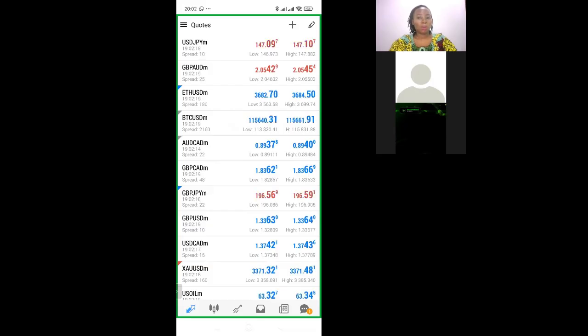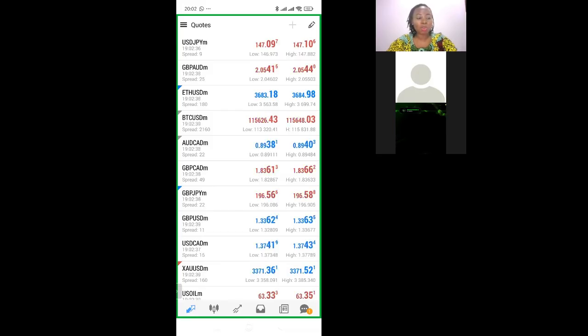When you do market execution, it means you're entering the market immediately. Now you can enter the market immediately, but ensure that you go and modify that trade and include your stop loss and your TP. Very important.